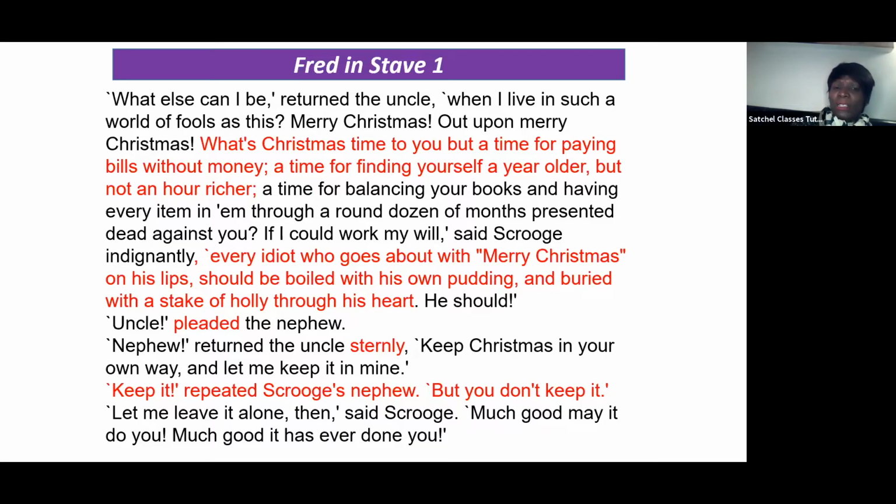If I could work my will," said Scrooge indignantly, "every idiot who goes about with Merry Christmas on his lips should be boiled in his own pudding and buried with a stake of holly in his heart. He should." "Uncle!" pleaded the nephew. "Nephew!" returned the uncle sternly. "Keep Christmas in your own way, and let me keep it in mine." "Keep it!" repeated Scrooge's nephew. "But you don't keep it." "Let me leave it alone then," said Scrooge. "Much good may it do, much good has it ever done you."